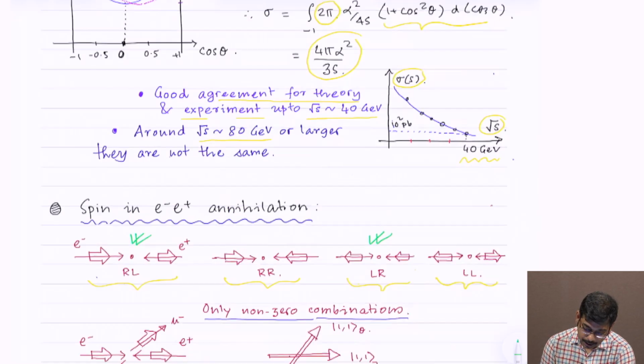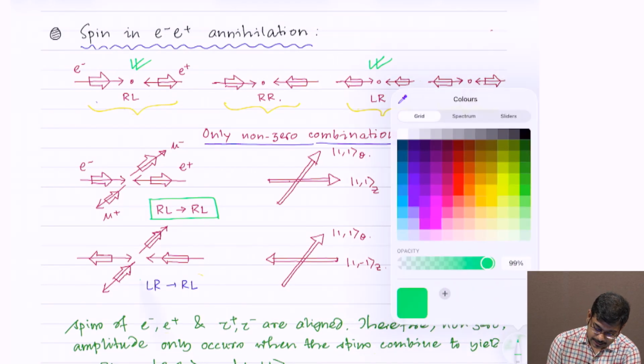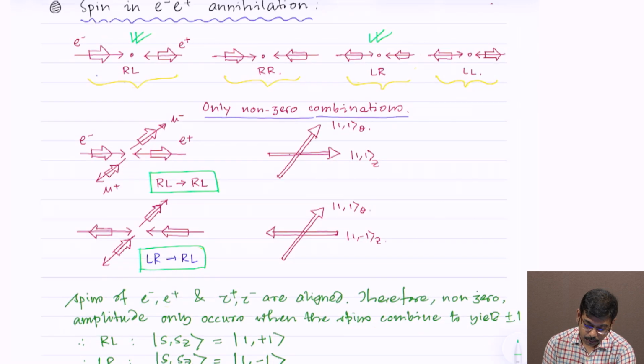So the two independent combinations possible are RL to RL and LR to RL, right? So if you look into the spin configuration once again, this is the momenta and this is the spin. For this configuration the spin is along the z axis, so you can say this is the combination 1, 1 z.